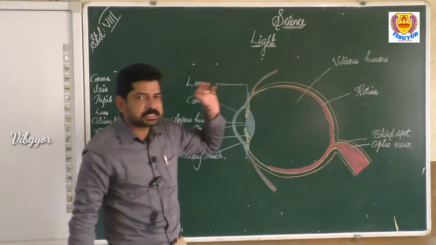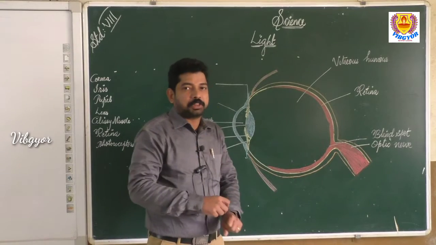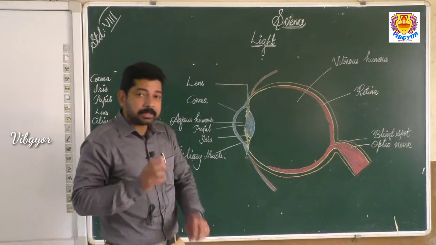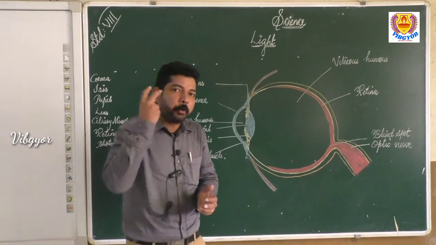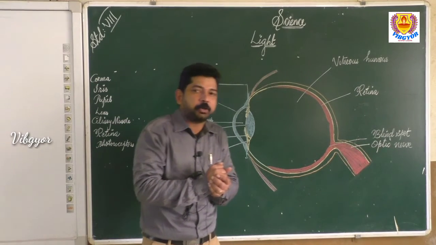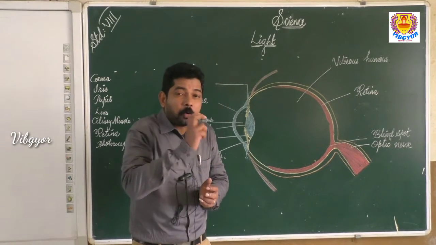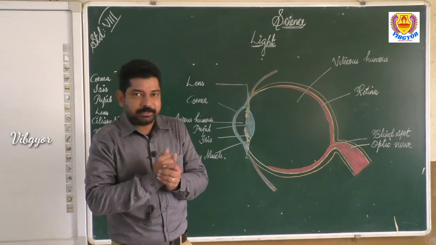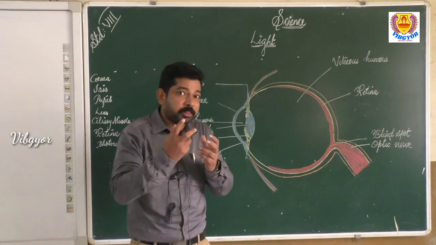If you observe this retina, we can see that it contains a large number of photoreceptors. There are two types of photoreceptors. They are rods and cones. What are photoreceptors?